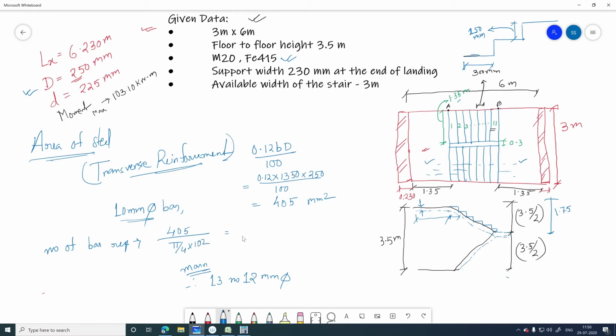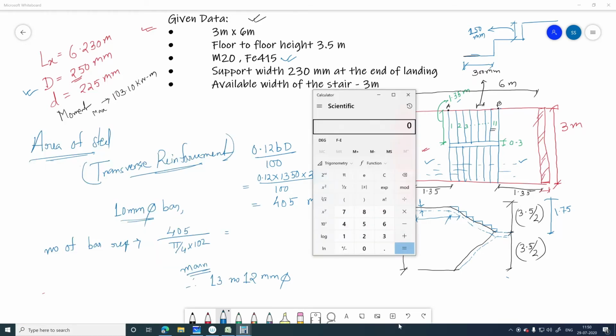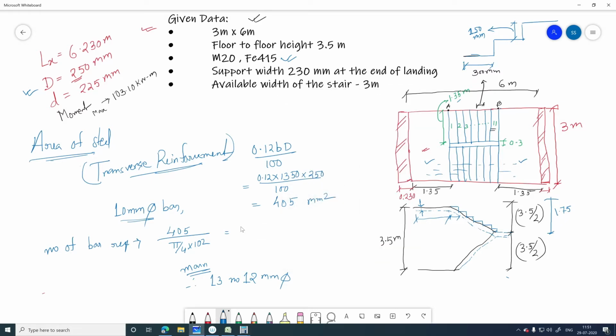So you will get the numbers of bar, it is 5.159.